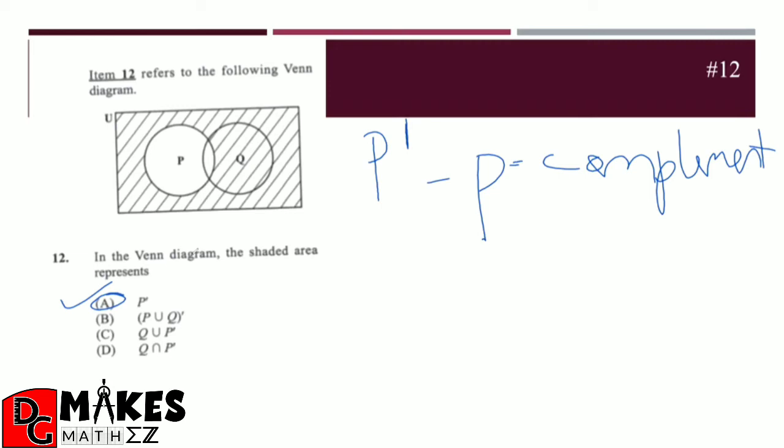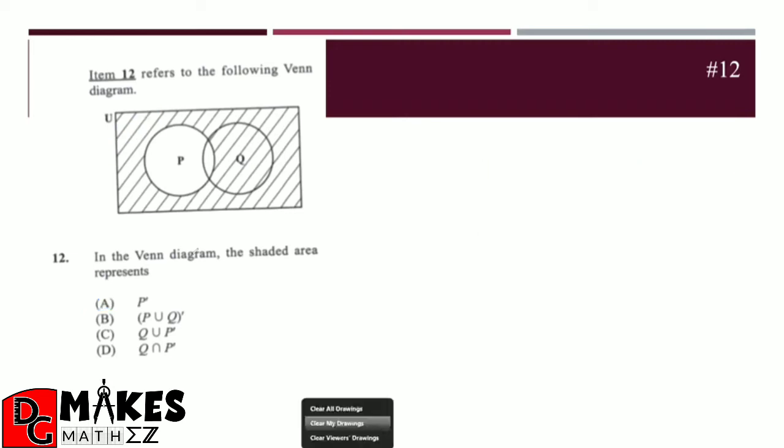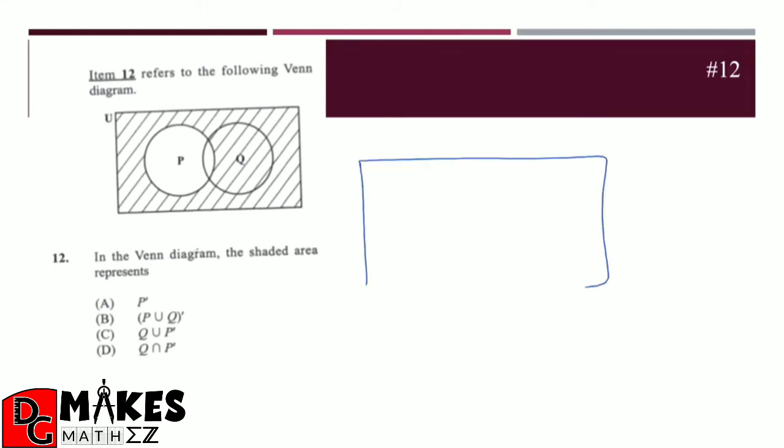So what if you did not know what area was represented? You can easily always test your answers. You can sketch Venn diagrams to see which of your answers would have been the correct option. So let's say we had a Venn diagram again.